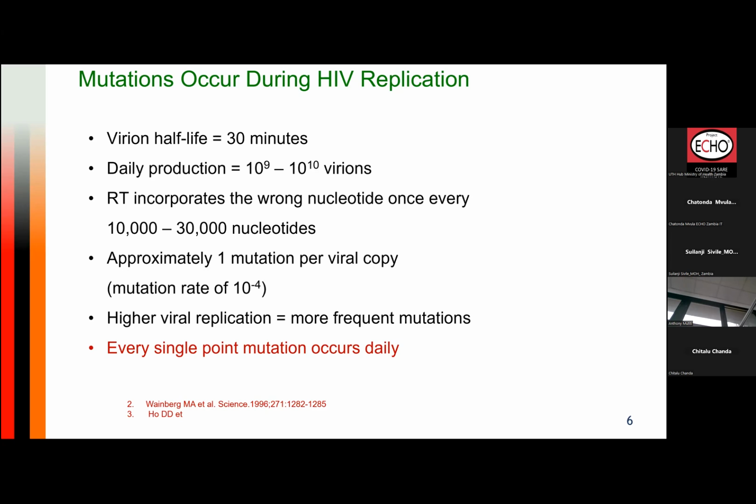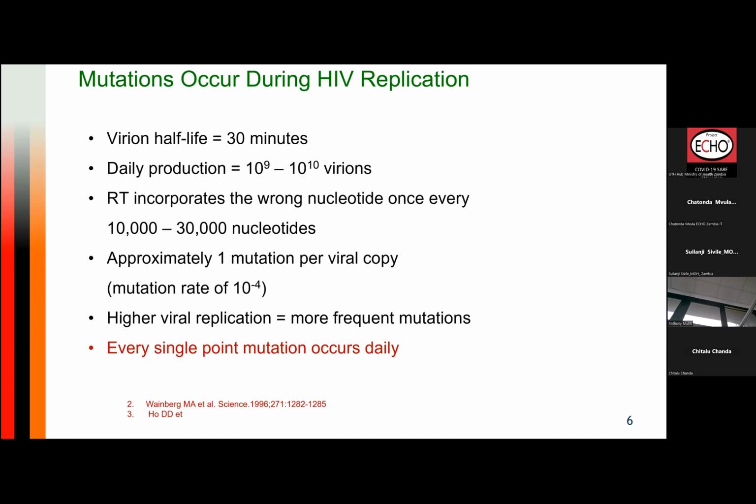Over 30 minutes, you have a replication, and there's that proofreading, if you remember, which should pick up the mutants. So the so-called proofreading of the mutation is not there. It doesn't happen in this virus. So the chances of having mutations are really, really high, and that's the reason.